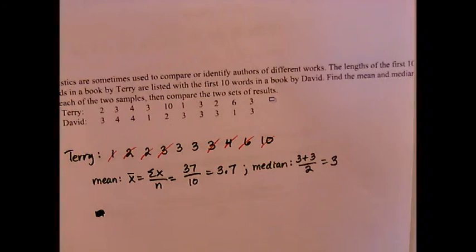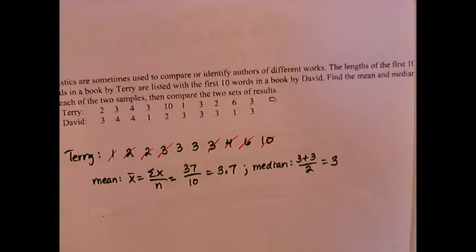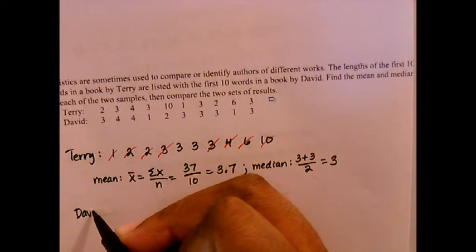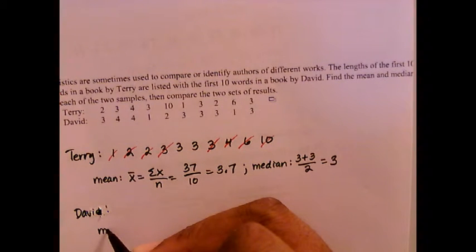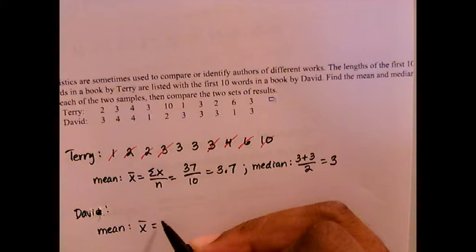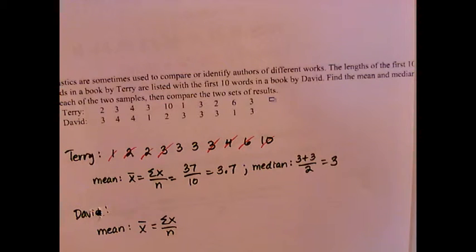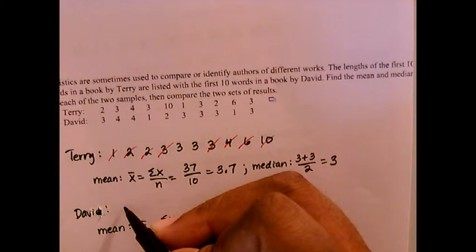Okay, now next I'll look at David's mean and median for the number of words in his books. So here's David. And for the mean, of course, that's x bar equaling to the summation of x divided by n. Now before I find the mean, let me sort his data values in order.